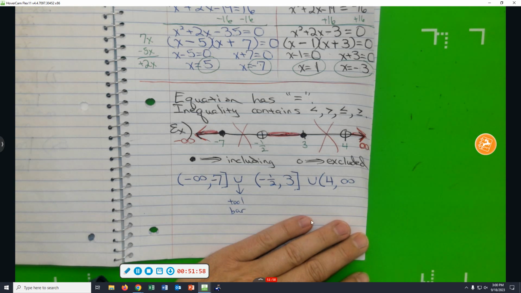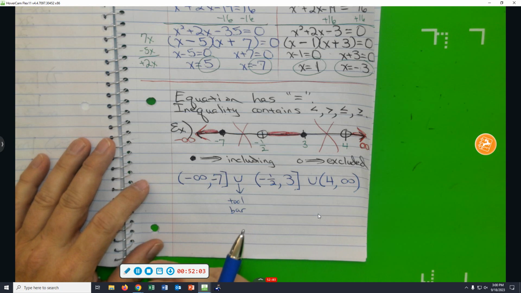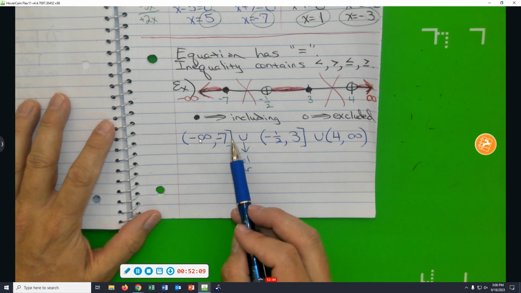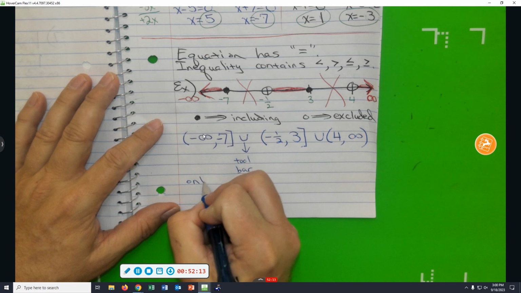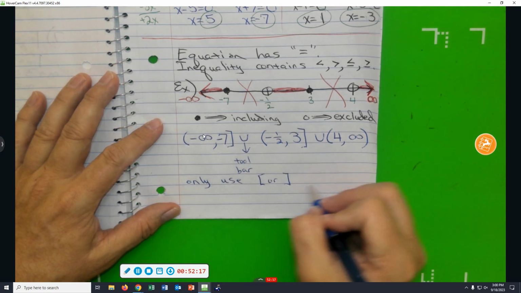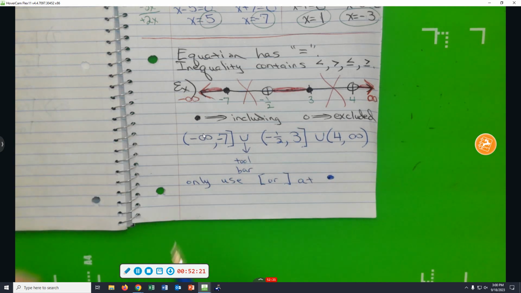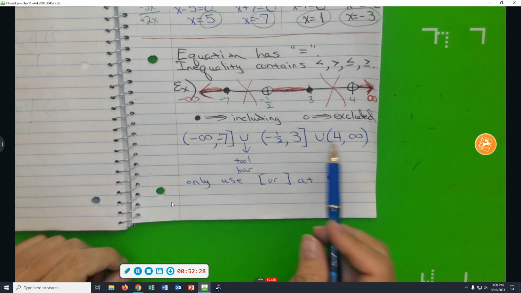We're going to have a little handout for y'all that summarizes the cut point process. One thing that it says is that you only use rectangular brackets at closed circles. Anywhere else, open dots or infinities or negative infinities, you'll be using a parenthesis.